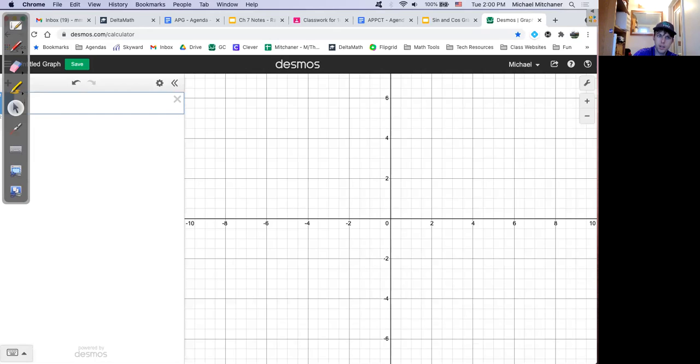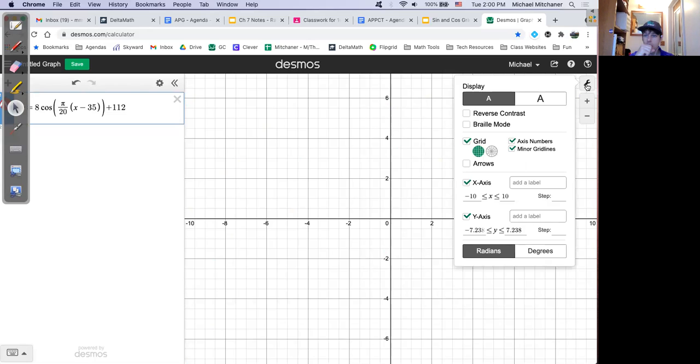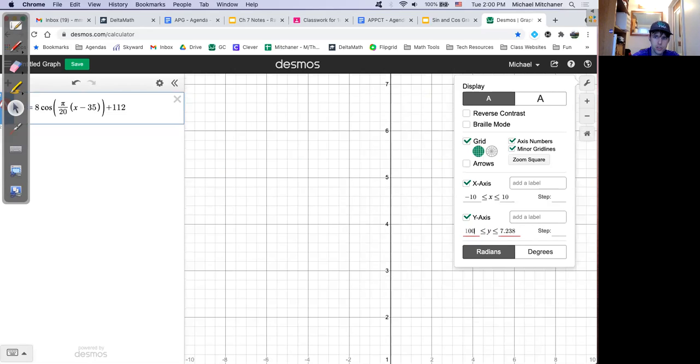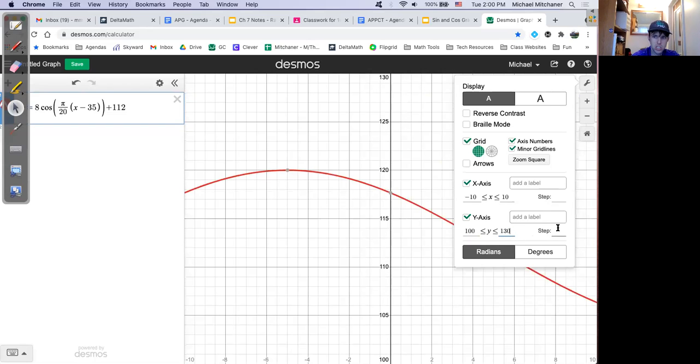So we have y equals 8 cosine(pi over 20 (x minus 35)) plus 112. All right, so we know the scaling needs to be adjusted quite a bit. We're just going to scale from 100 on the y-axis to 130.